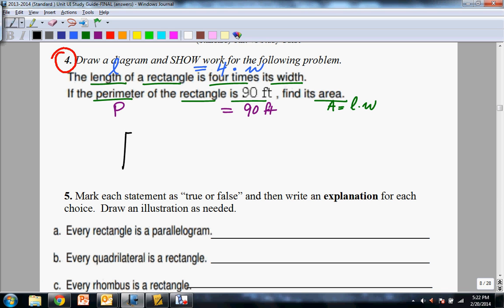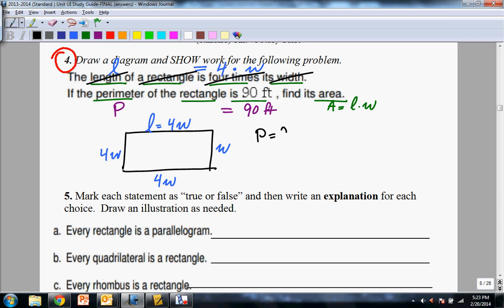Now we're going to draw, label, list, cross out. We have a rectangle, so I draw a rectangle. I put in my given information. The length is 4 times the width. That would make this the width. That's 4 width. Taking care of this information. Notice I'm crossing it out as I deal with it.